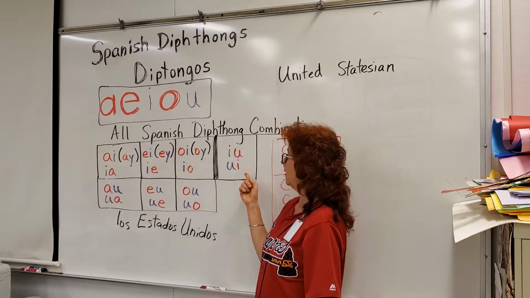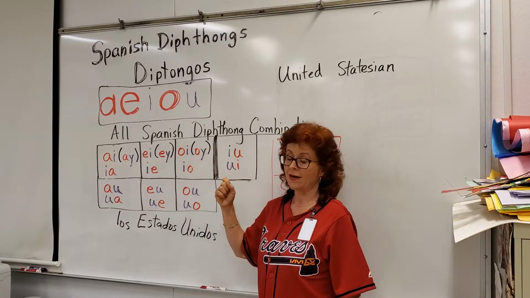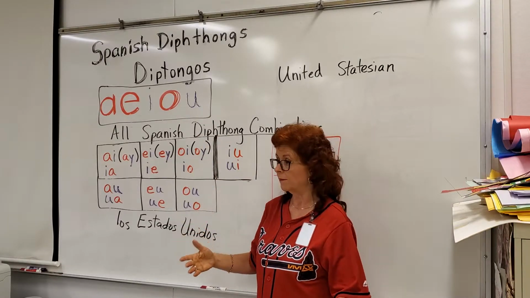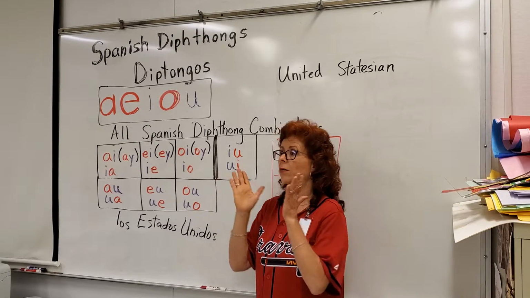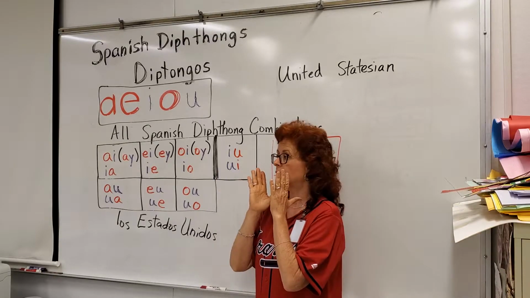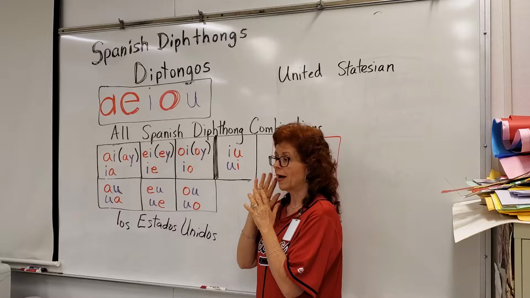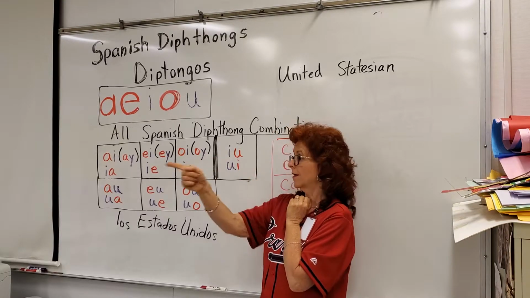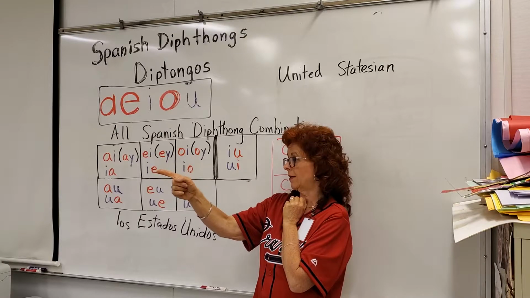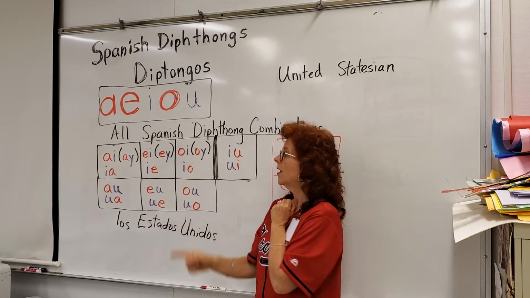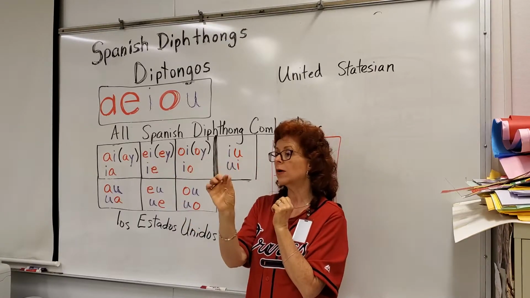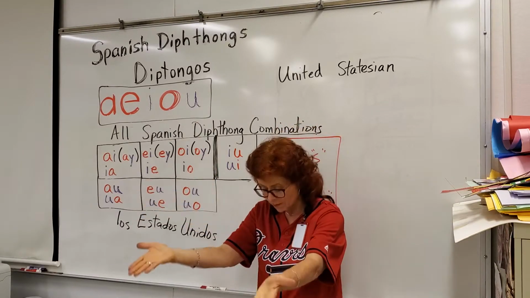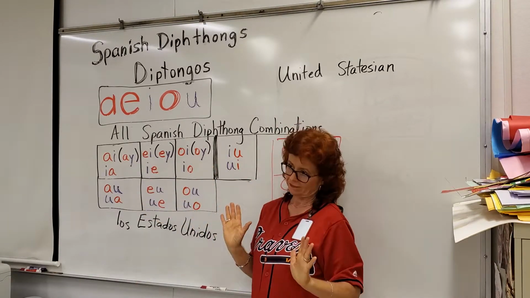This is made up of the 2 vowels I had up there that were weak to begin with, both of them. All right. Now, can you figure out what the rule is just by looking visually here? That's exactly it. That's the rule. Whichever weak one you put second, it is going to be the strong one in that word.